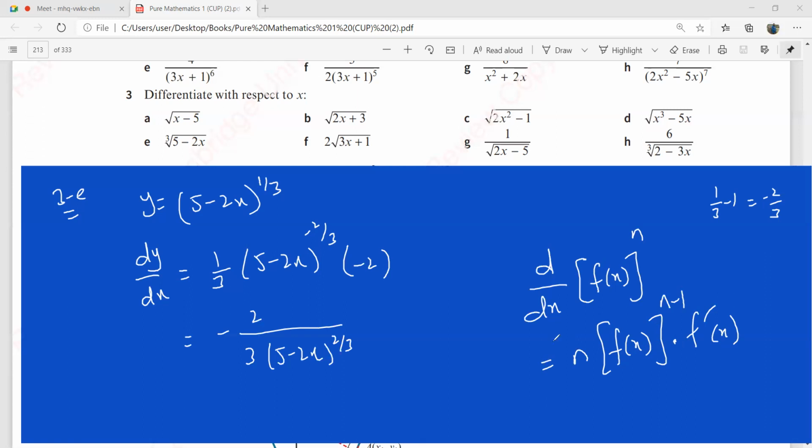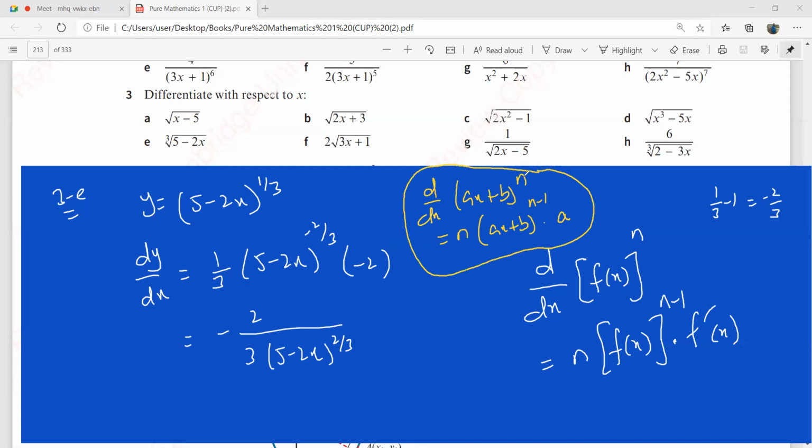It is exactly the same as saying that if you have to differentiate d by dx of ax plus b to the power n, this is going to be n into ax plus b to the power n minus 1 times a. But when we give this rule, students normally think that this is only going to work on the linear expressions. So this is a more general form for this second technique of differentiation.